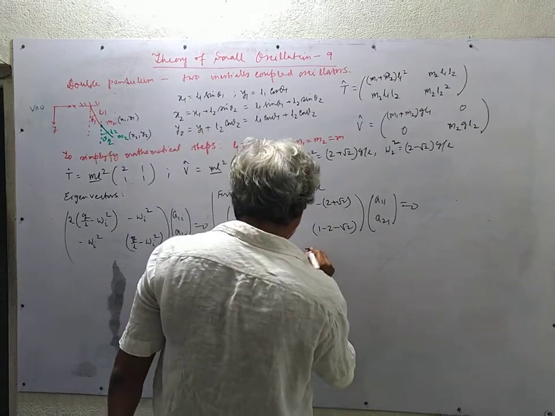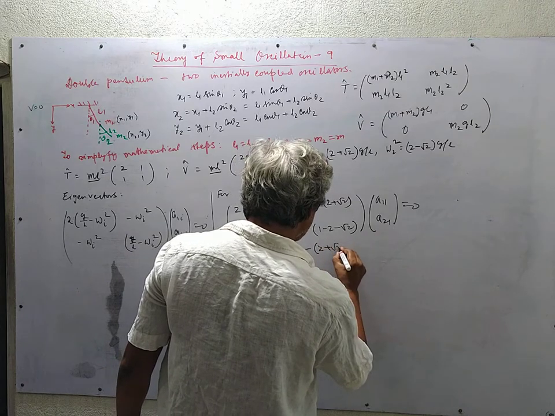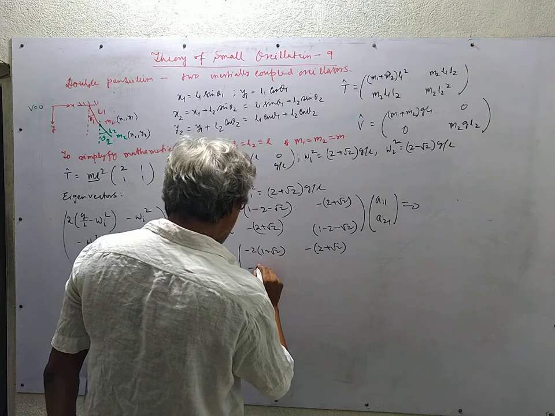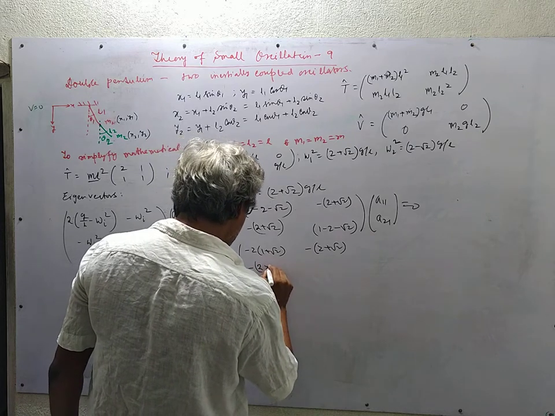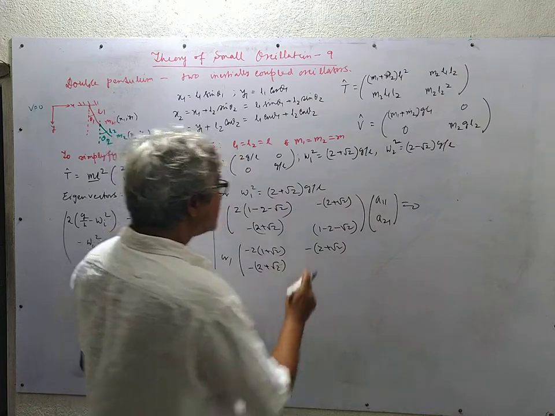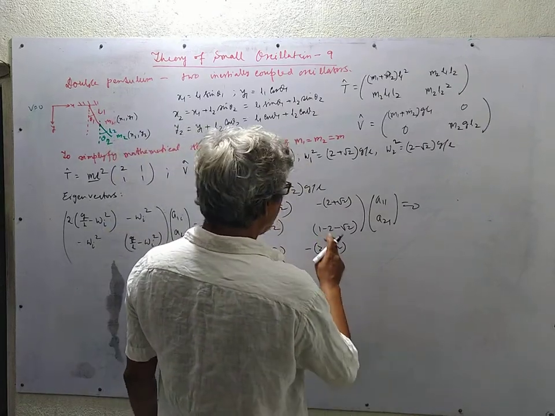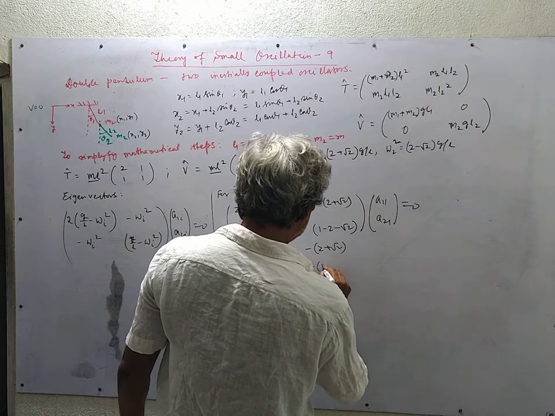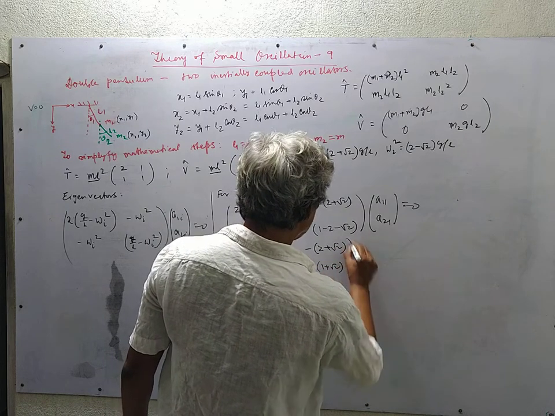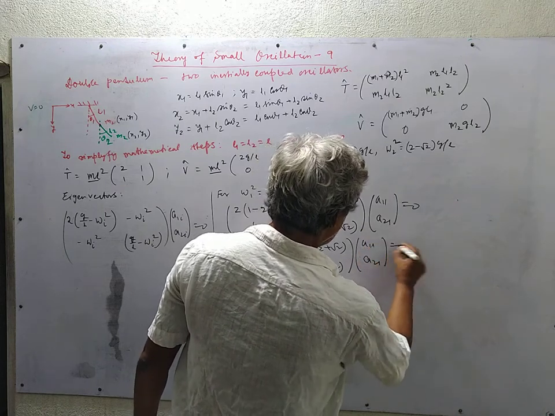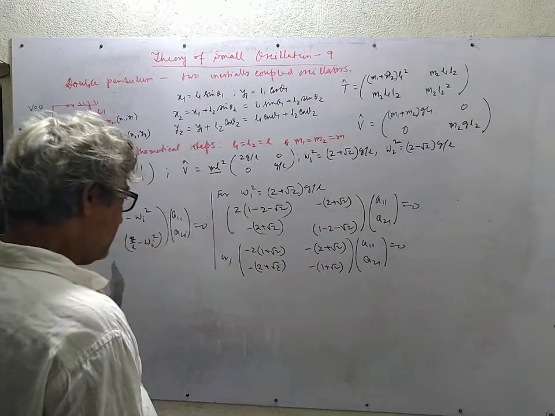This is minus (2 plus root 2). If we take minus 1 common, 1 plus root 2.